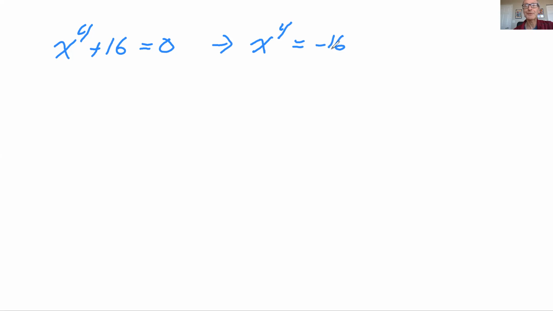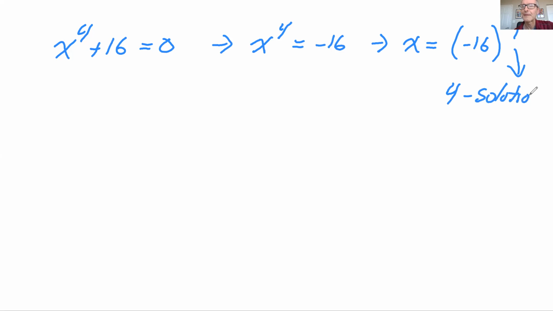Well, now what you have to do is the 1/4 power, right? So this would be x equals minus 16 to the 1/4 power. And here we're going to get 4 solutions. And you will see that in the trig representation, it's just so much easier to do with regards to these calculations, and especially when the numbers start to get complicated. So let's do this one as an example.